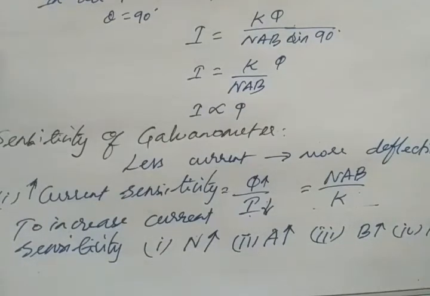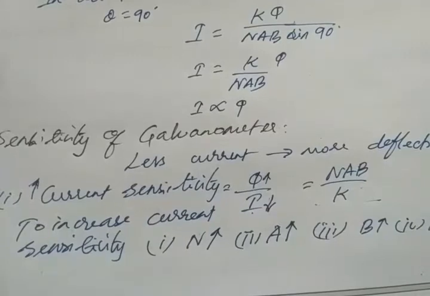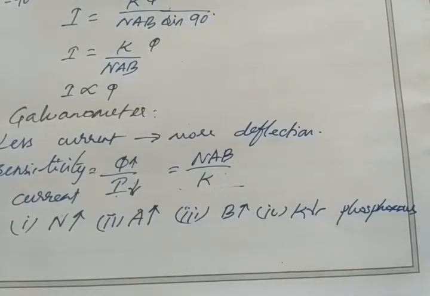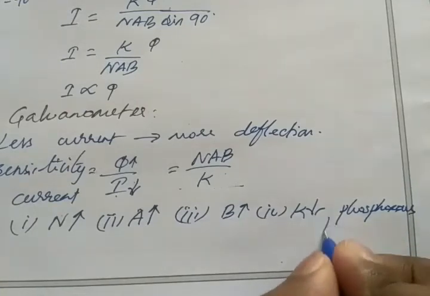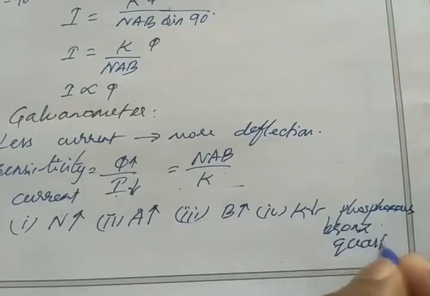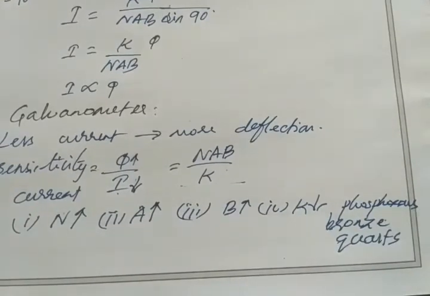Here we use phosphorus bronze and quartz to reduce the torsional constant value. The material is made up of phosphorus bronze and quartz.